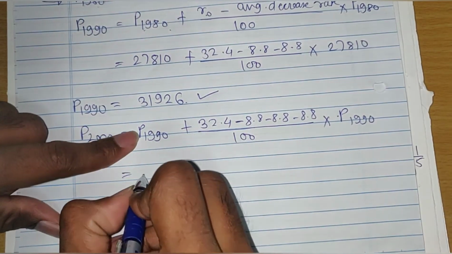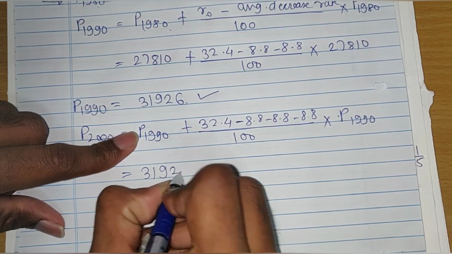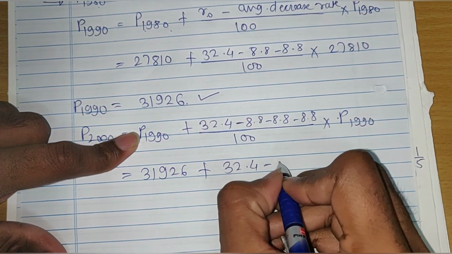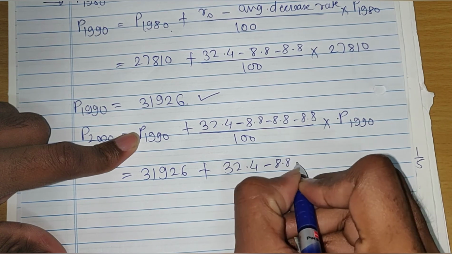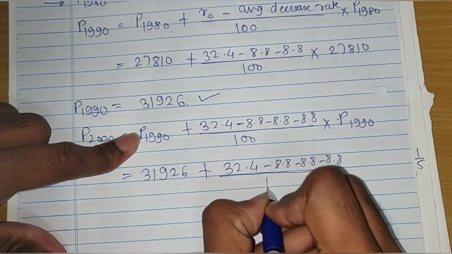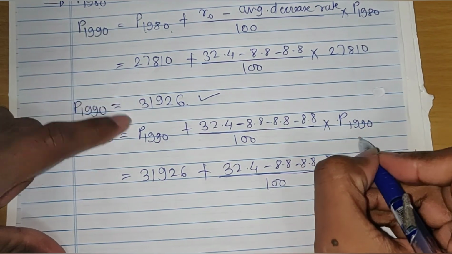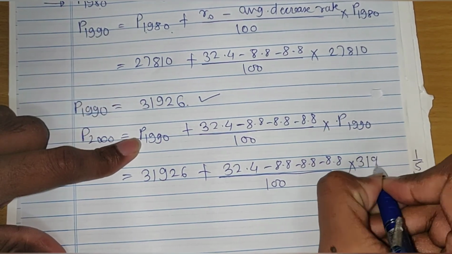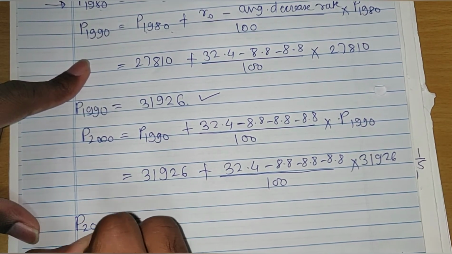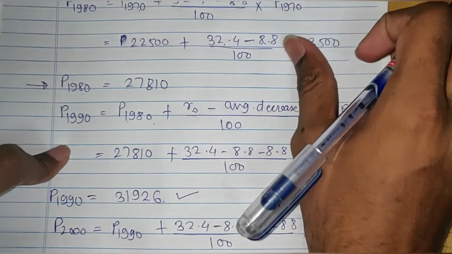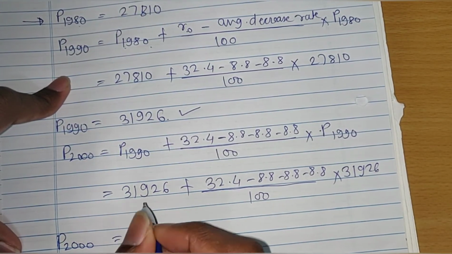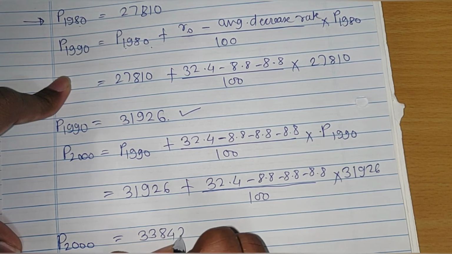So the population of 1990 is 31,926 plus 32.4 minus 8.8 minus 8.8 minus 8.8 divided by 100 into 31,926. After solving this, you will get the population of 2000 as 33,842.